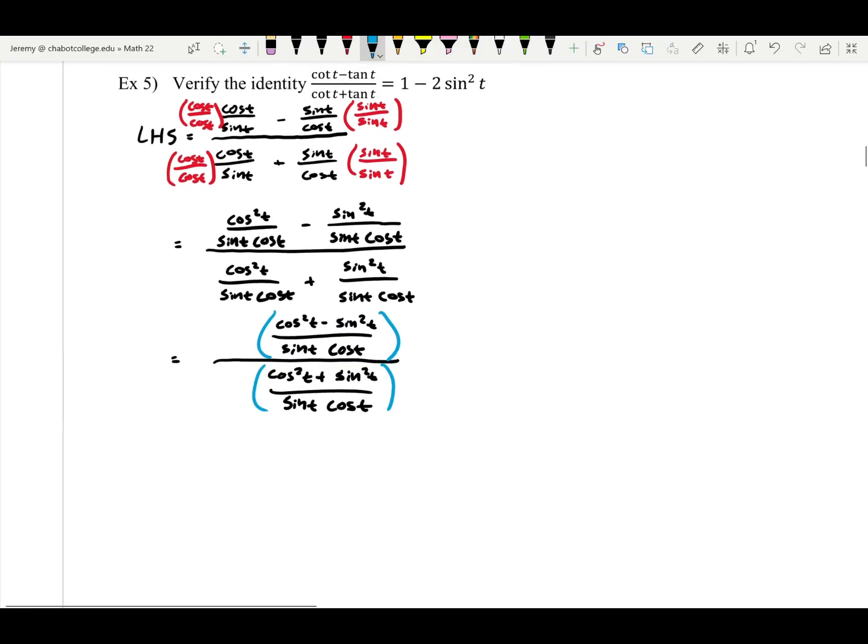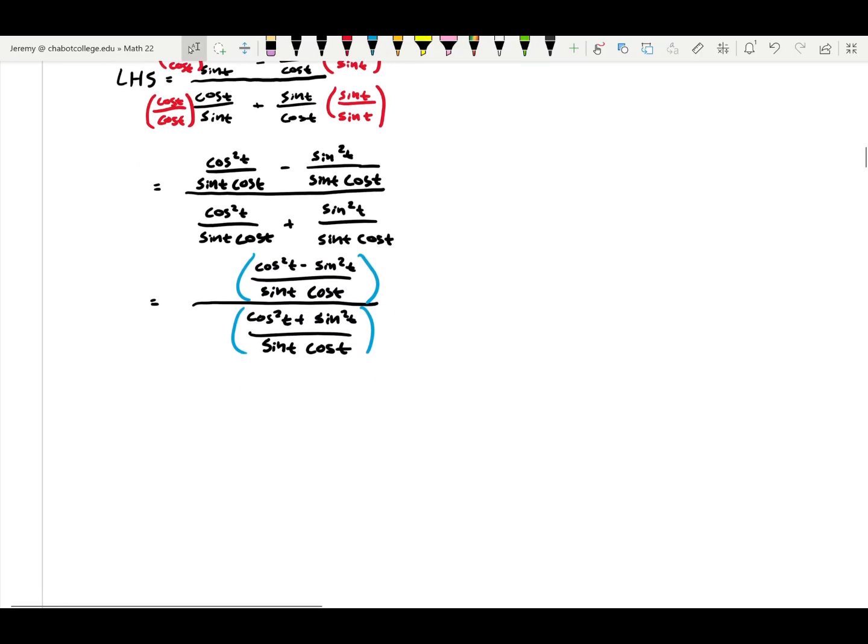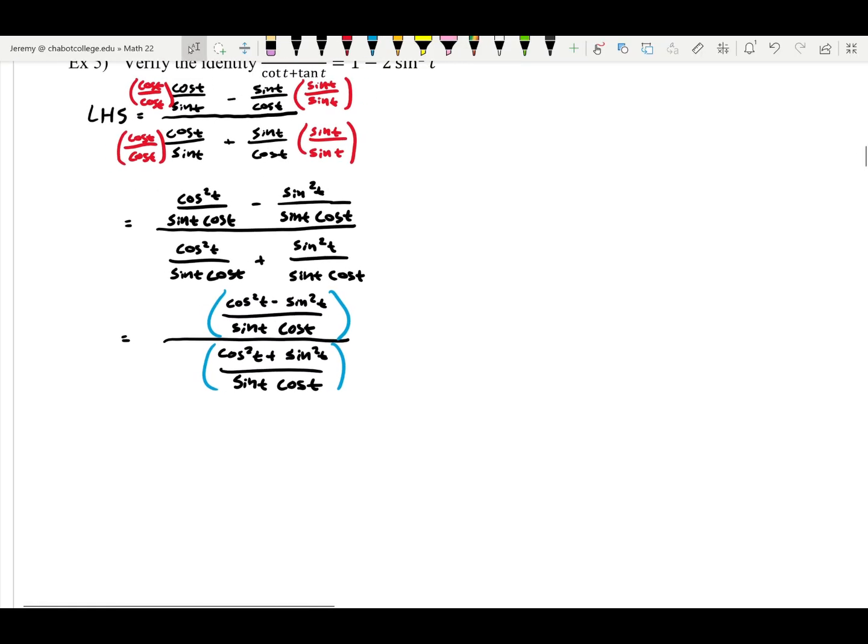Something good better happen soon because I'm tired. But I see something that I like. I see cosine squared t plus sine squared t. Addition is commutative, right? This is the same as sine squared t plus cosine squared t. I can replace that with 1.